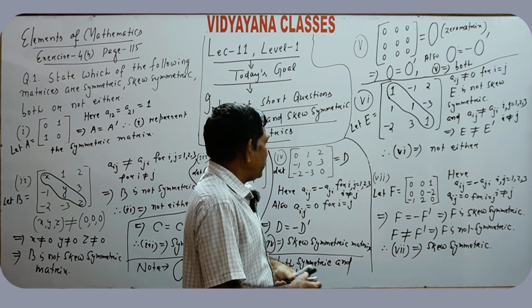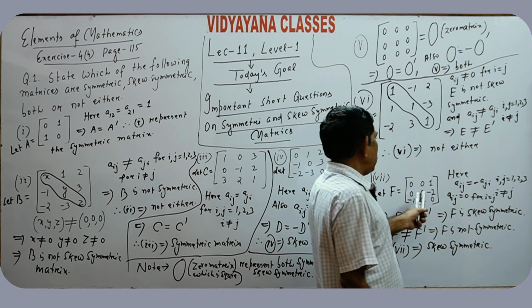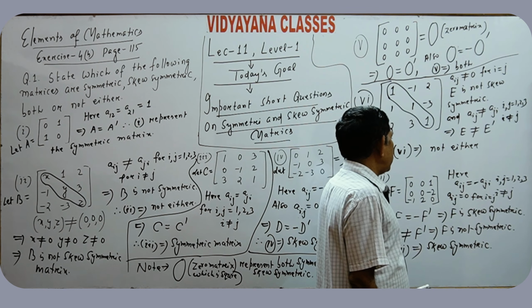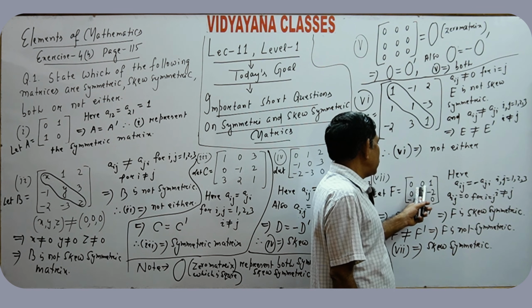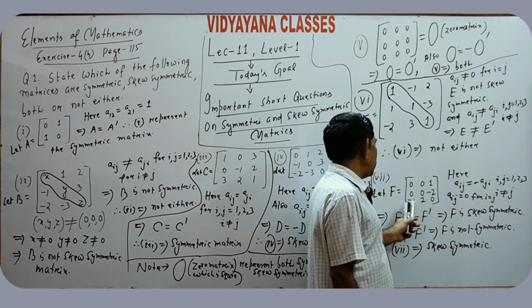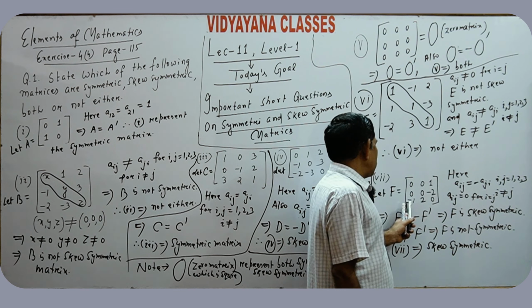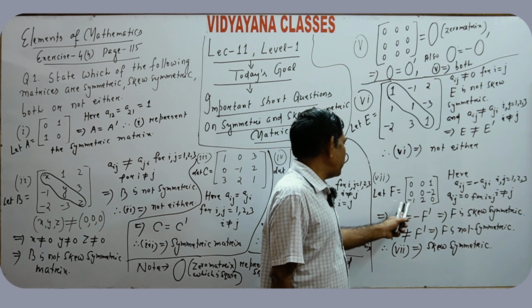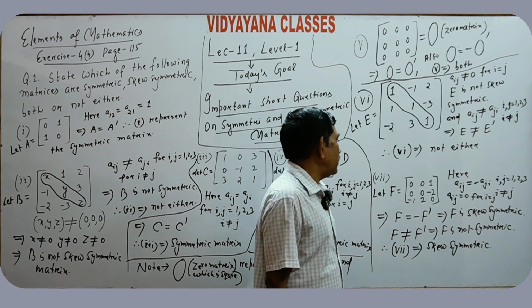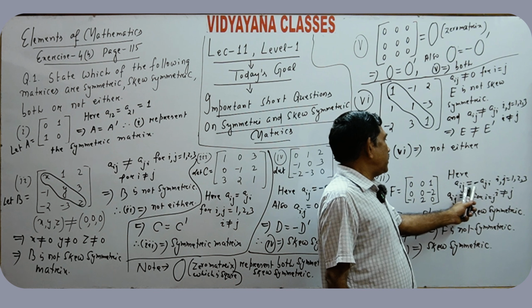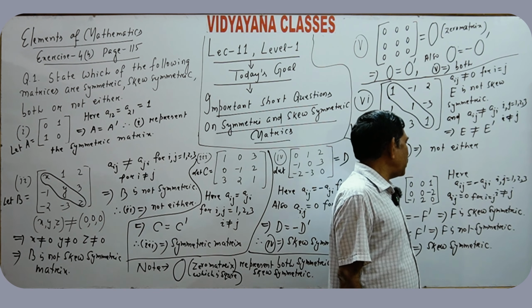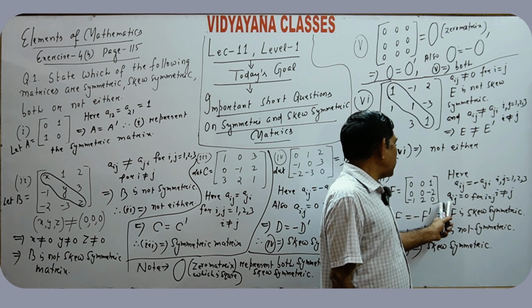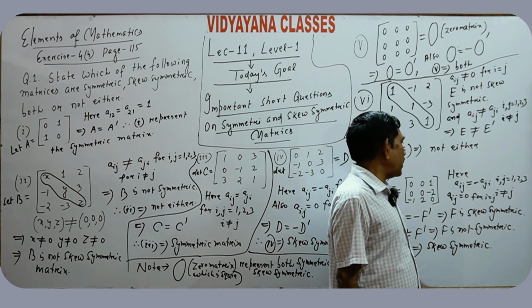The last bit, here Aij is negative of Aji. That means A13 is equal to minus of A31. Aij is negative of Aji, i and j varies 1, 2, 3. Also it is satisfied that Aij is equal to 0 for i equal to j.